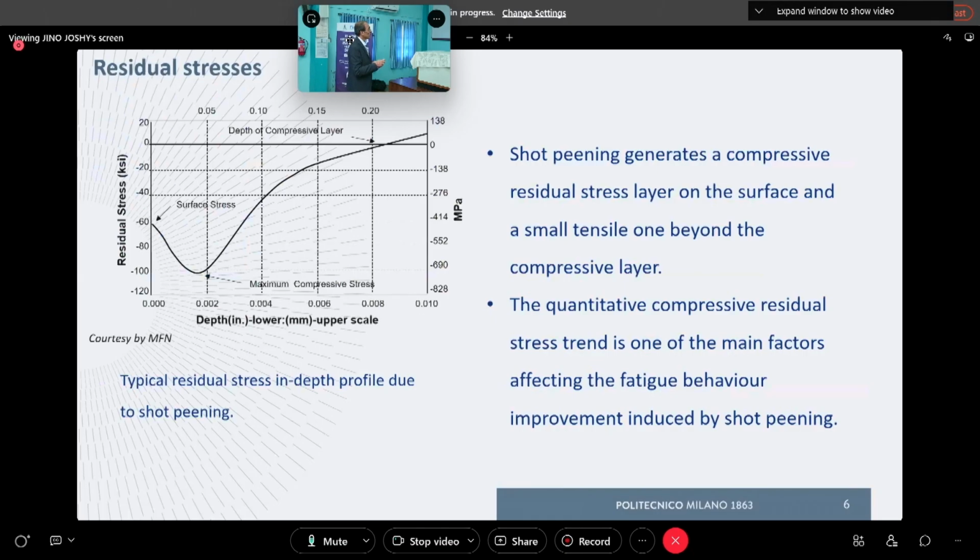Here it is not remarked, but the depth at which the maximum compressive stress occurs should also be considered, and finally the depth of the compressive layer.